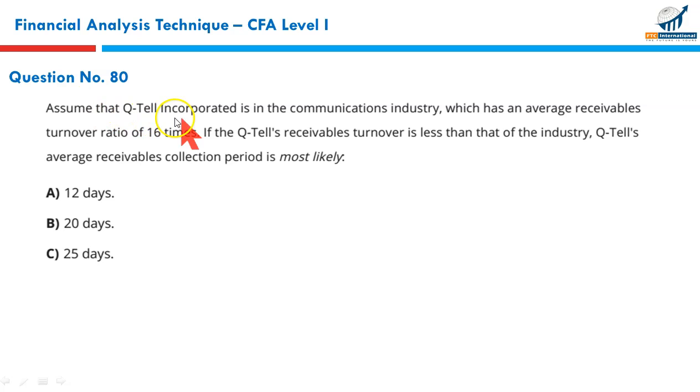assume that QTEL Incorporated is in the communication industry, which has an average receivable turnover ratio of 16. Average receivable turnover ratio 16 means your customers pay you on average after how many days, 365 divided by 16? They pay you after 22.8 days, right? All right. What do we need?